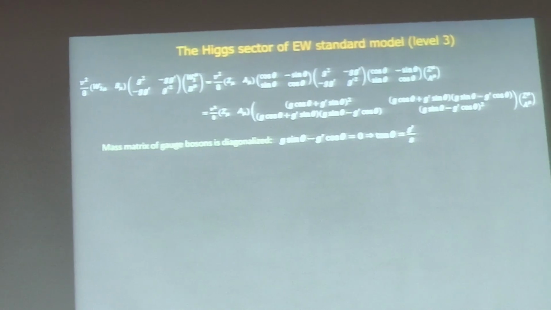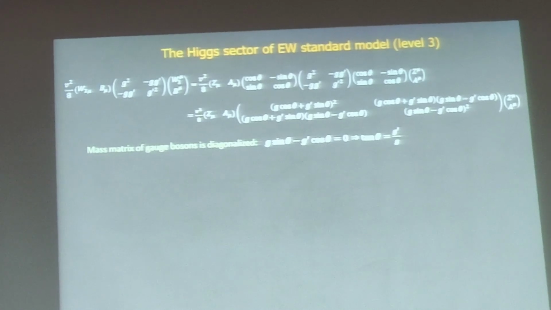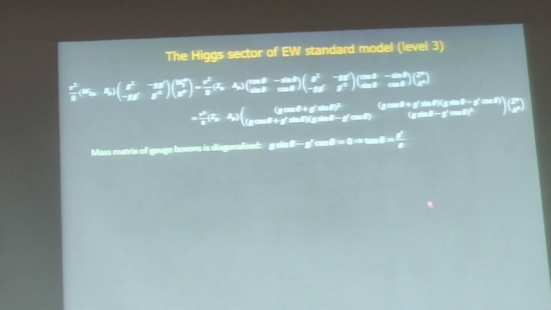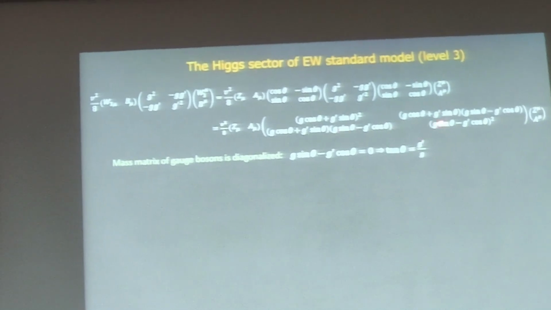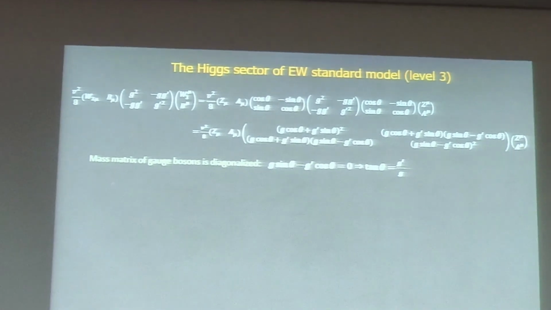But we want the Z field to correspond to the Z boson, so we don't want to make it massless. It's the A field, which is the electromagnetic field, that we want to make massless. So for this, all you have to do is assume that it's the second factor which is 0. Because when you take the second factor 0, the second diagonal element becomes 0 and the mass of the electromagnetic field is 0. So this is precisely what we do.